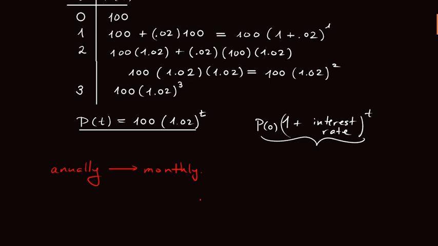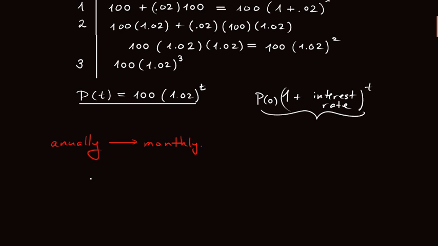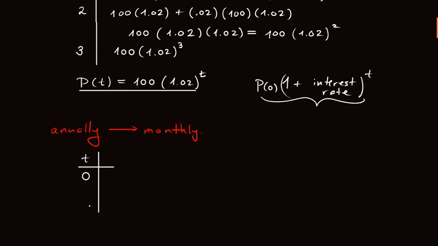In that case, you can do the same kind of analysis, except the times that you compound are going to come more frequently. Instead of compounding after 1 year, you're going to compound after 1/12 of a year, and then after 2/12 of a year, because a month is 1/12 of a year.